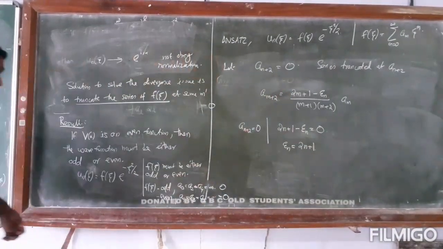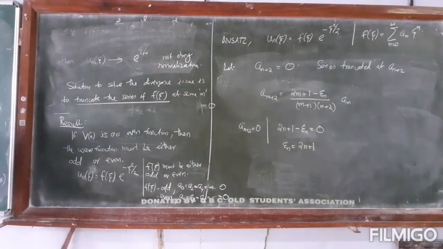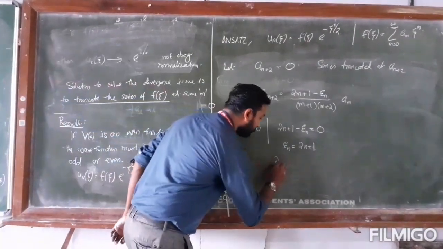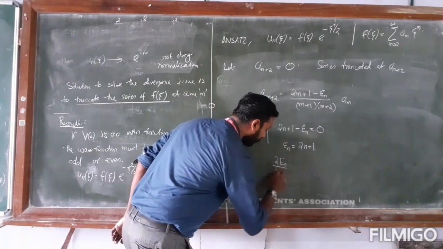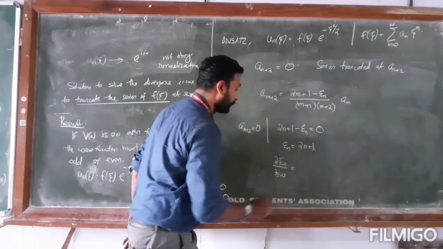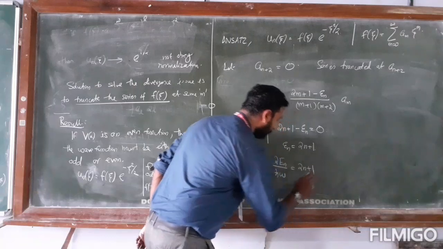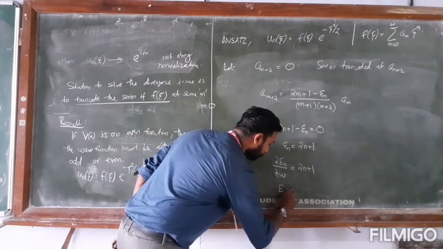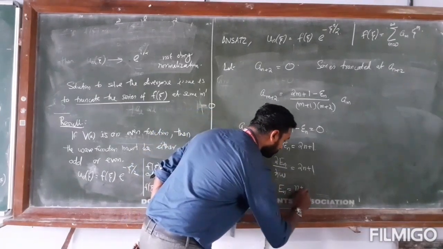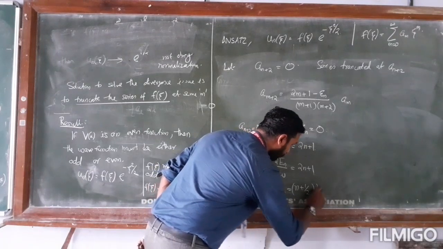And we have already defined epsilon n as 2 E_n divided by h cross omega, which equals 2n plus 1. And therefore E_n I will get as (n plus half) h cross omega.